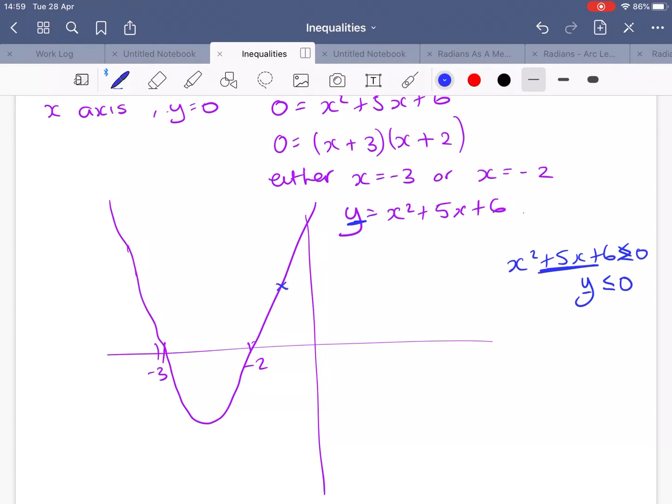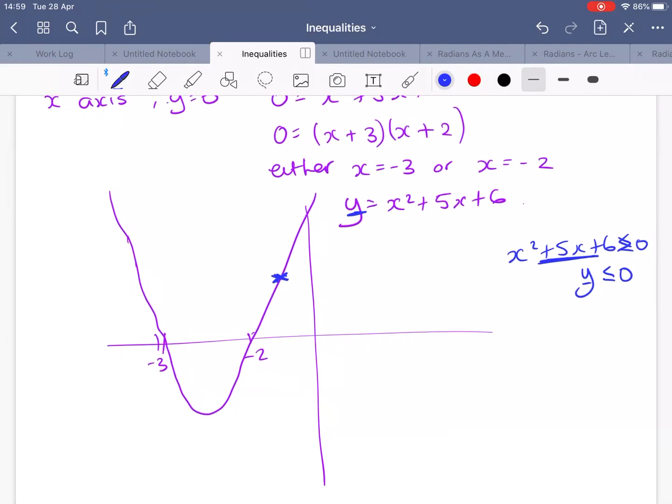Well, if I just think about that coordinate here, would the y value be less than 0? No, because it's above the x-axis. Let's do a different point. I'll get a highlighter so you can see it's a bit better. What about a point up here? Well, no, the y value isn't less than 0 because it's positive. It's going to be up there somewhere.